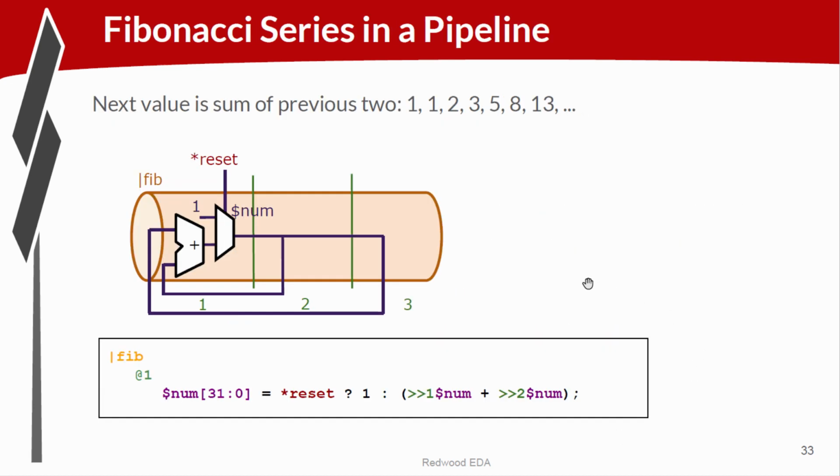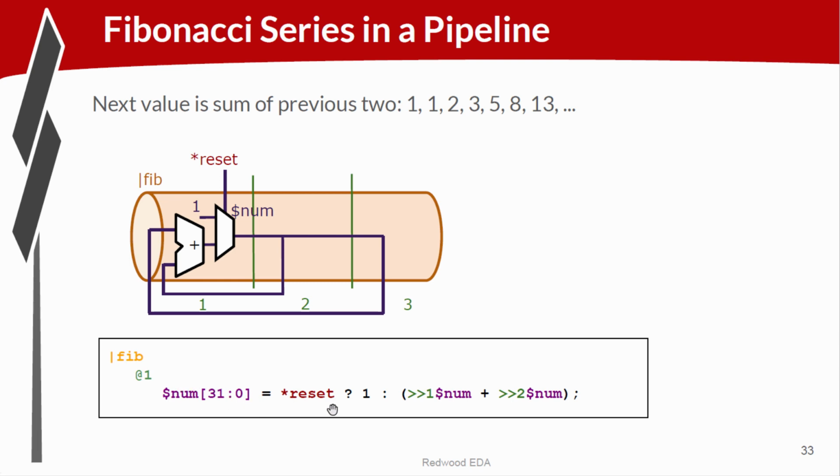All right, just mentioning Fibonacci series. Let's look at Fibonacci series now in a pipeline. So just taking the circuit that we had, putting that in the context of a pipeline, and not bothering to draw the flip-flops. Essentially the difference here in the code is that I've explicitly given it a pipeline and explicitly put the logic into a pipe stage. So all of the logic in this example is in stage 1.